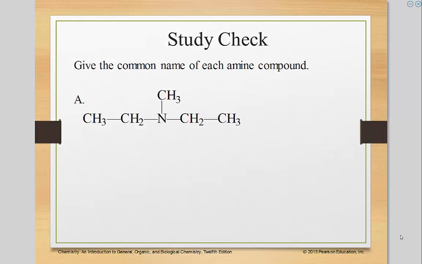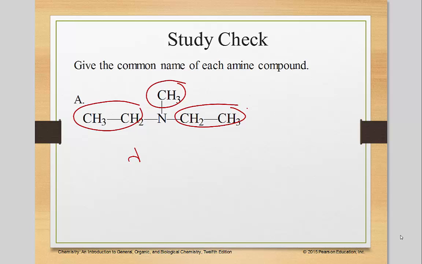Give the common name of each amine compound. We have an ethyl group, a methyl group, and another ethyl. Ethyl comes before methyl alphabetically, so it's diethylmethylamine.